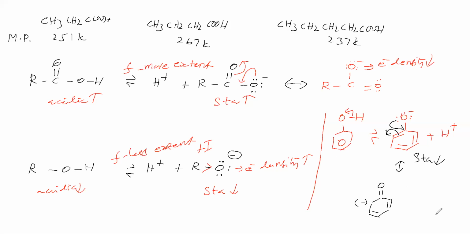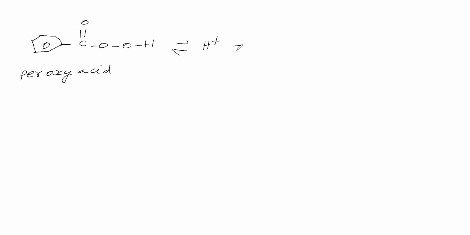Next, we'll see carboxylic acid and peroxy acid. Now it is a peroxy acid. It is an acid, therefore it gives H plus, and we'll get an anion.